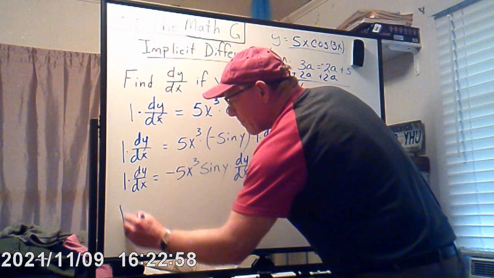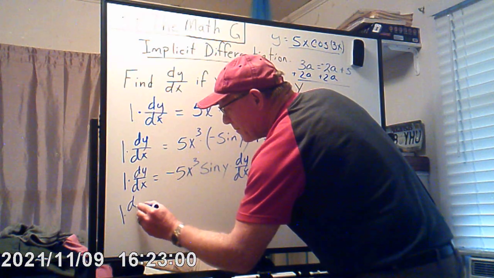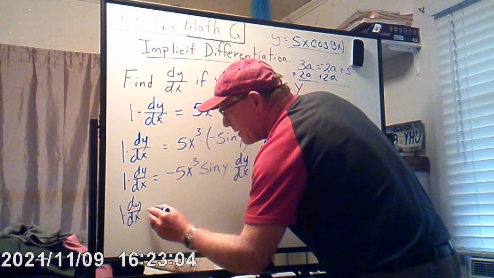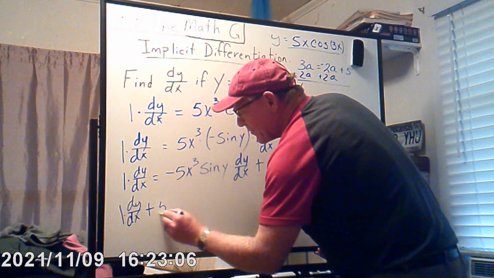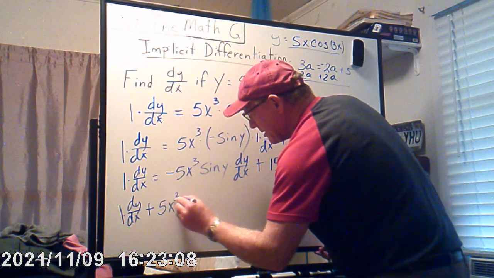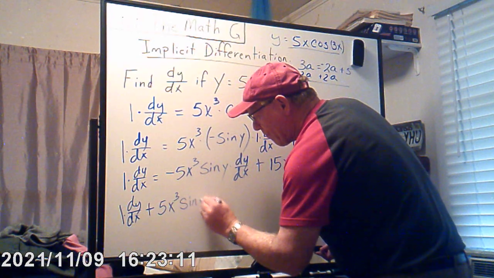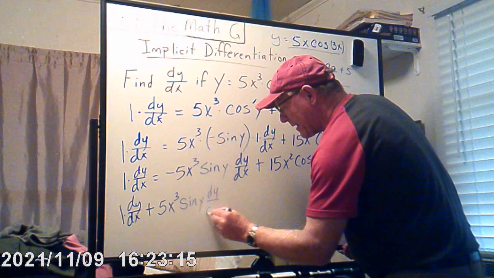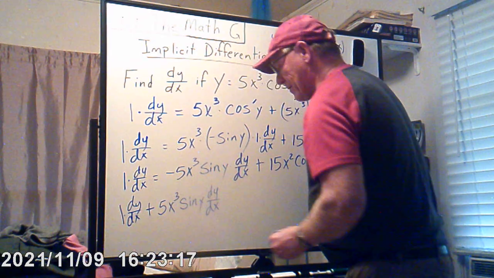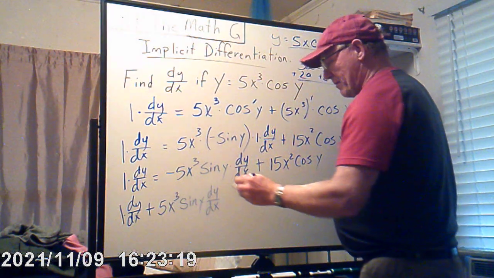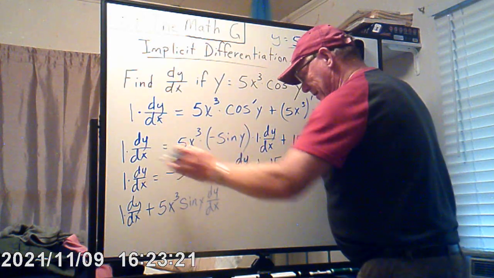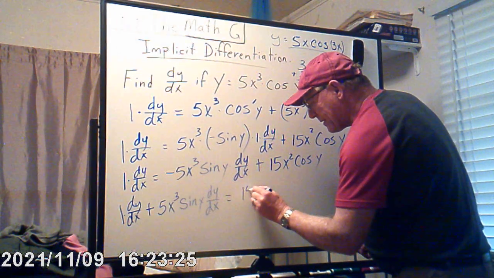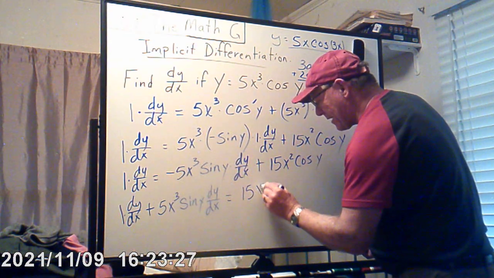So 1 times dy over dx plus sine y times 5x cubed times dy over dx, we have both of these on this side. This one does not have a dy over dx, so we're going to just leave it on this side here.